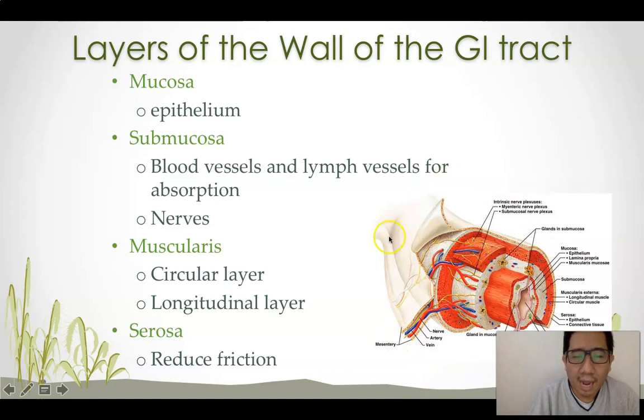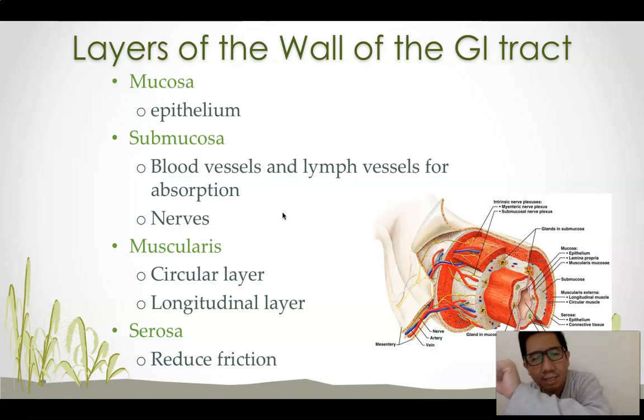Okay, on your tract, you have these layers. You should know these layers, so put a little star on here. You should know what these 4 layers are. The mucosa, which is the inside layer. Submucosa, this is where your blood vessels are and where absorption occurs. Muscularis, that's your muscle moving the food down.